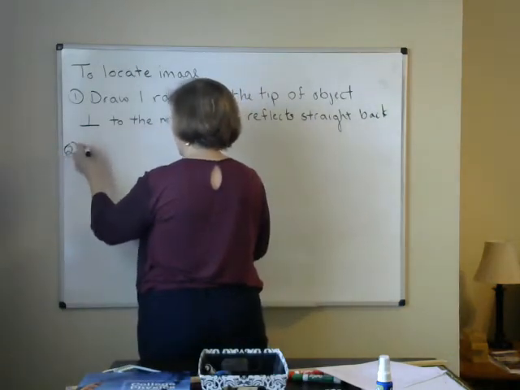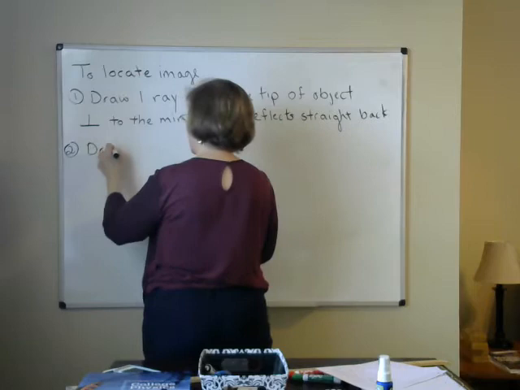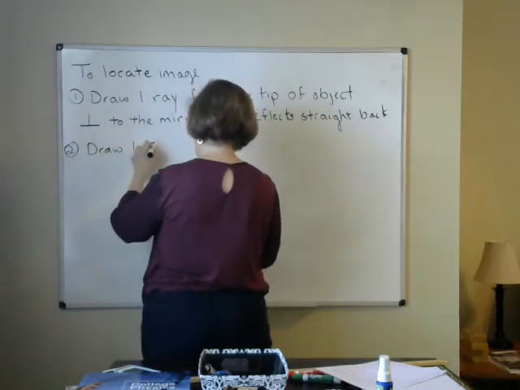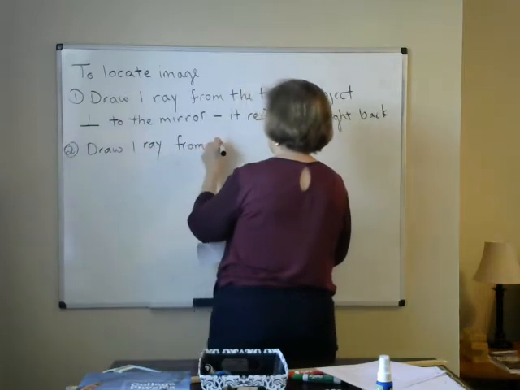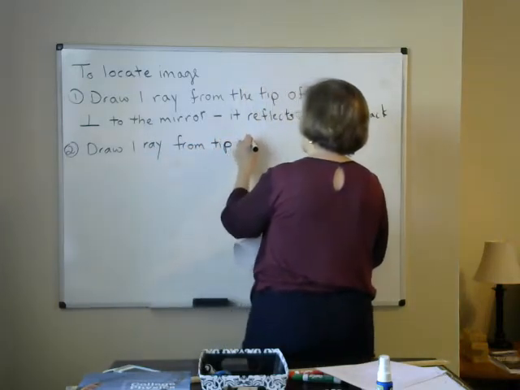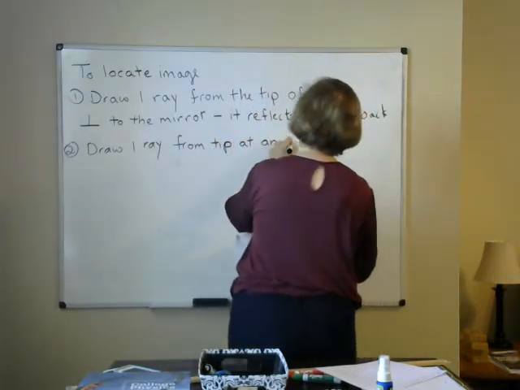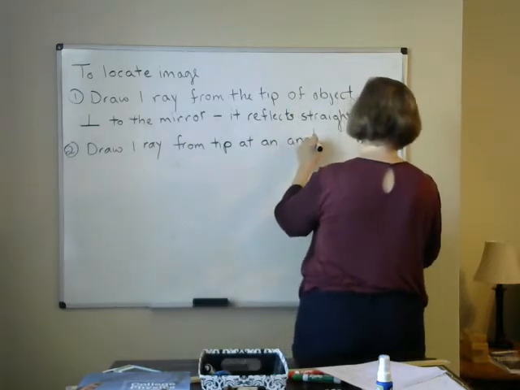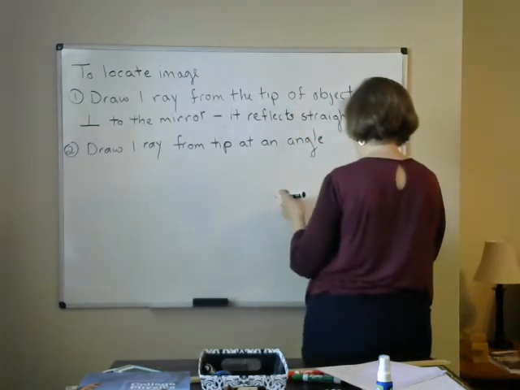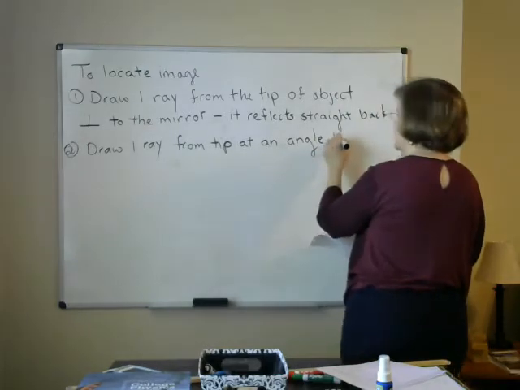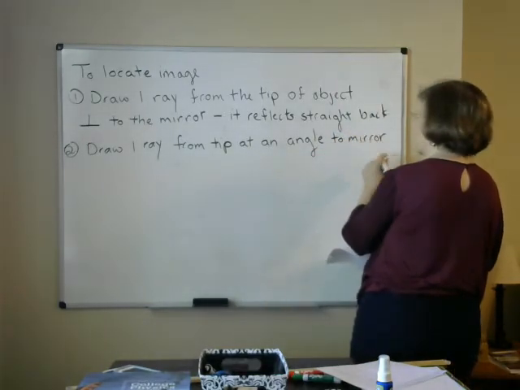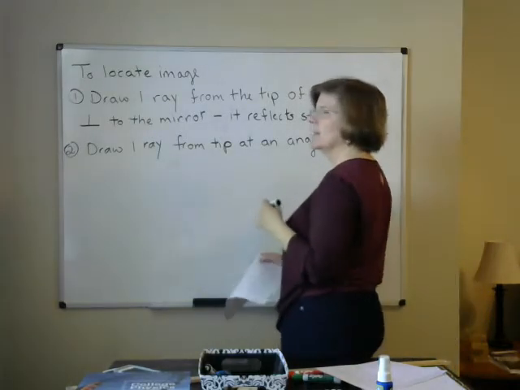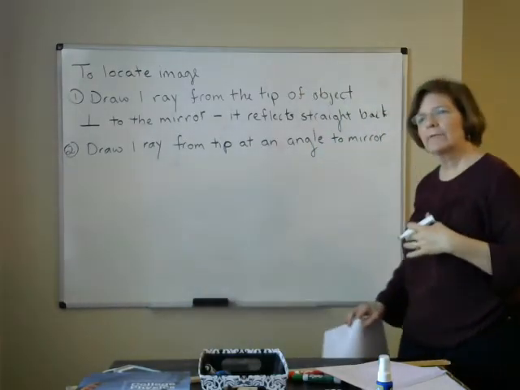Second step, draw one ray from the tip at an angle. Okay. At an angle to the mirror. Okay. Then all you have to do, you see how it comes back, is follow the law of reflection.